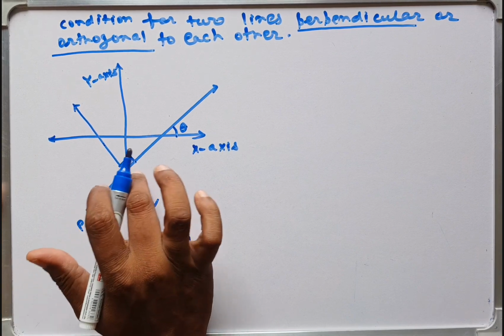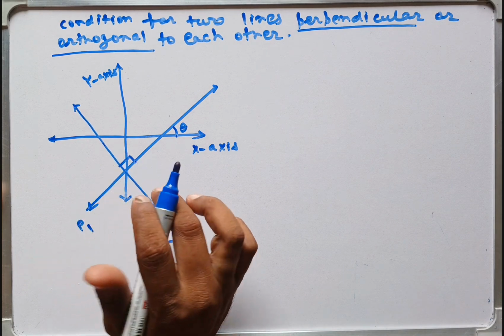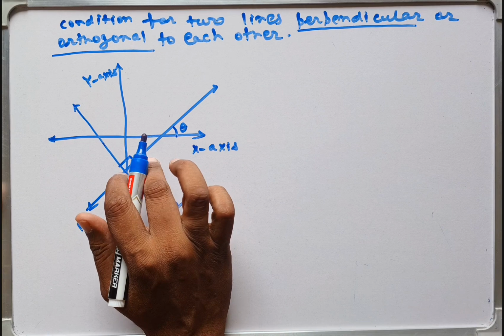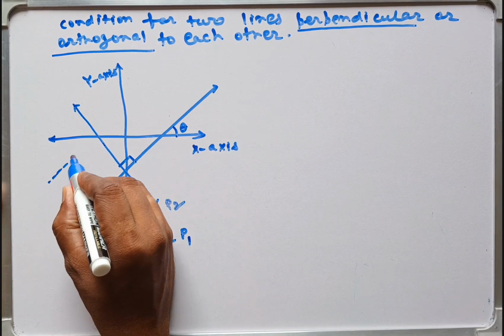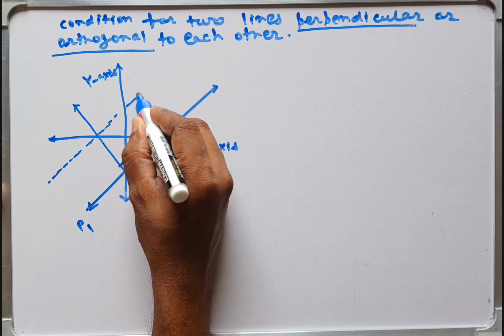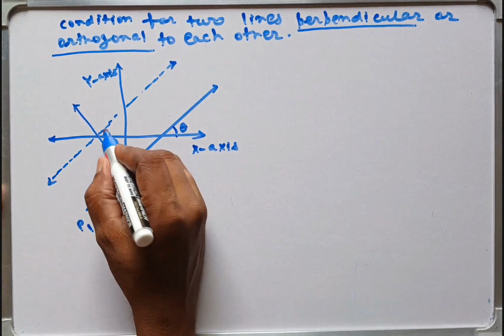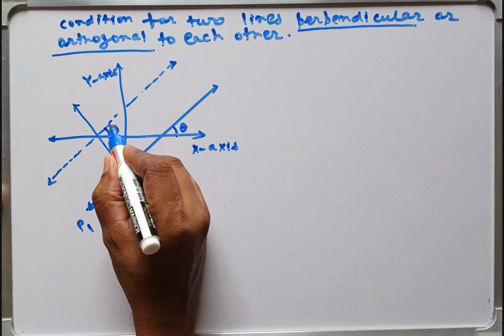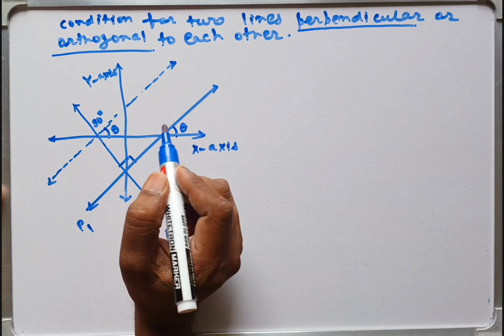So they make an angle of 90 degrees between each other. If we shift this P1 line parallel to itself, shown by the dotted line here, this angle is theta, and this angle is again 90 degrees.